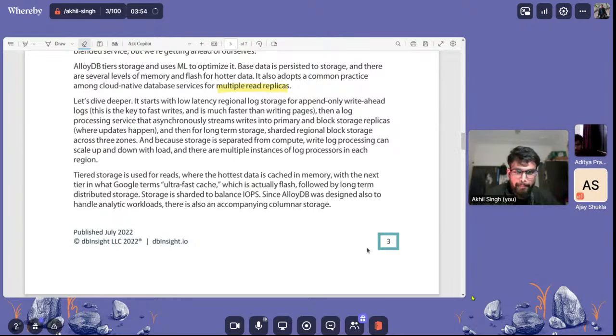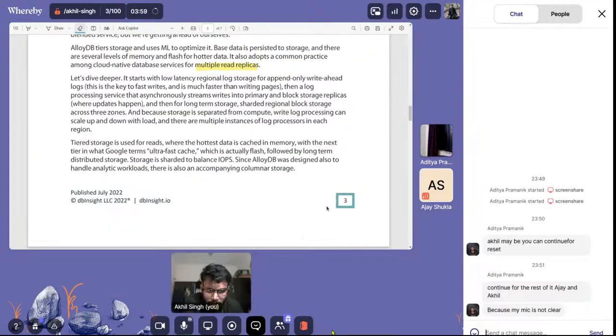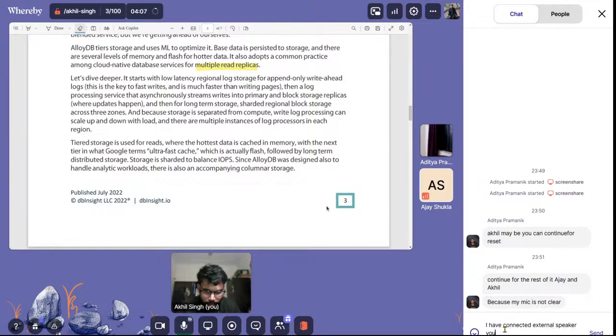Then for long-term storage, sharded regional block storage across three zones. Because the storage is separated from compute, write log processing can scale up and down with load. There are multiple instances of log processors in each region.